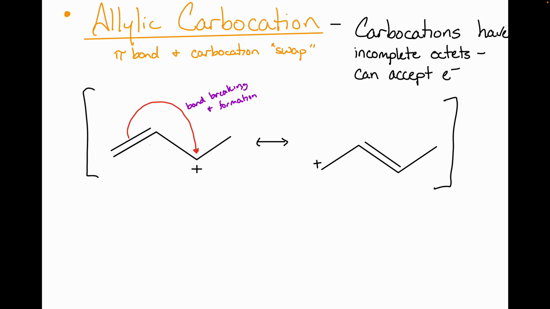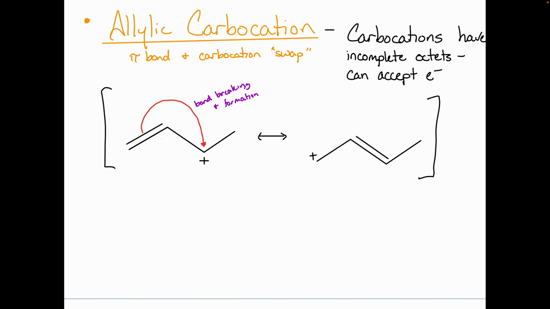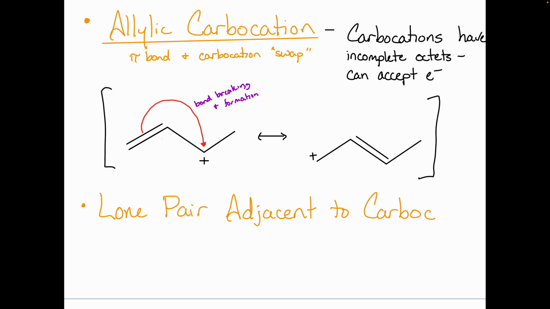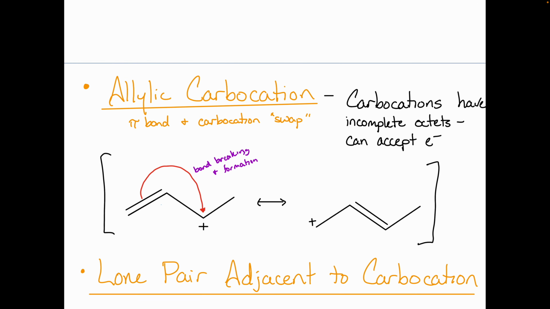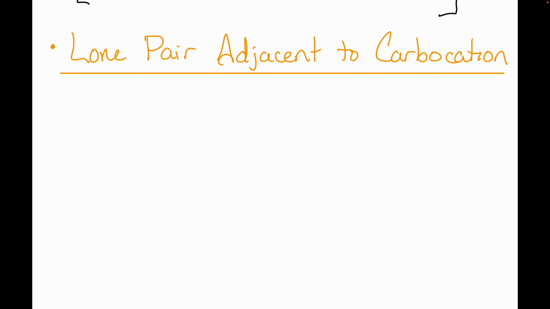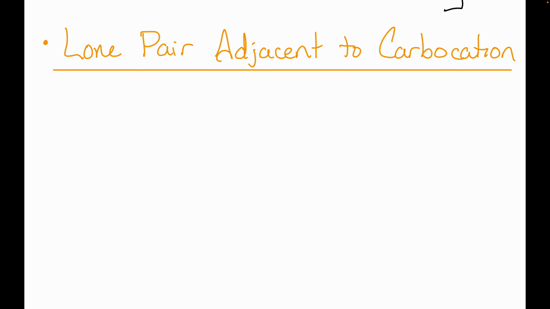All right, our next pattern is if we have a lone pair that's adjacent to a carbocation. Again, our carbocation has an incomplete octet and can accept electrons. In this case, they're not going to be bonding electrons, they'll be those lone pair electrons.